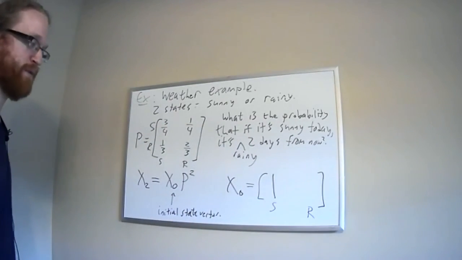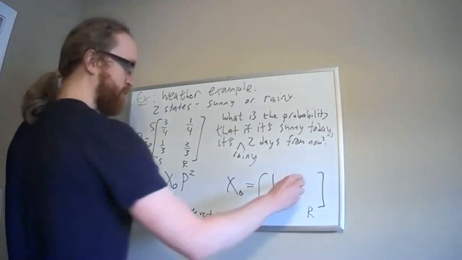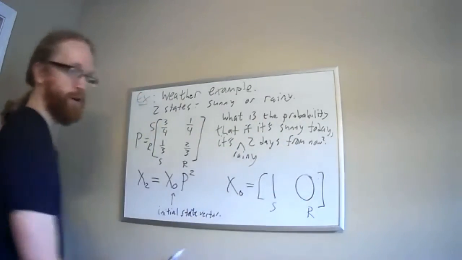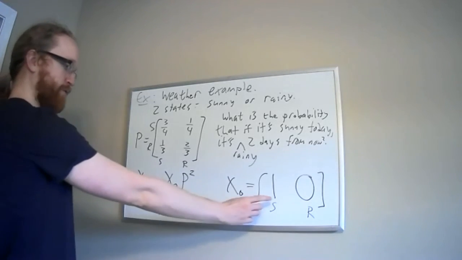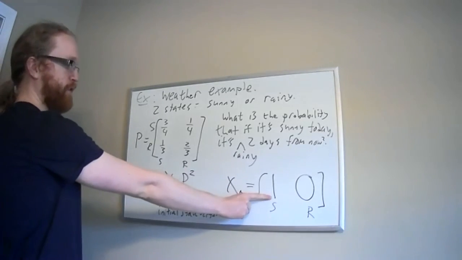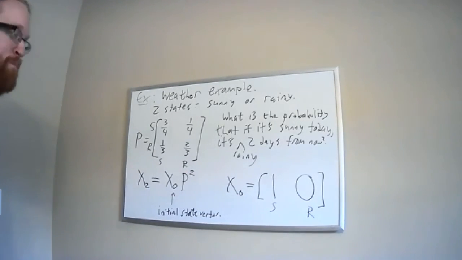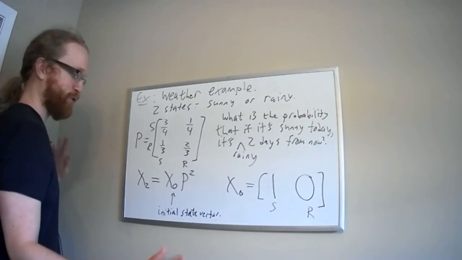There's no doubt it has to be sunny because that's what I'm assuming. What's the probability of rain? Well, it must be 0 because these have to add up to 1. This is a probability vector. So here is my initial state vector. It is 1, 0, representing that it's definitely sunny and it's definitely not rainy. Okay, so there's my initial state vector.